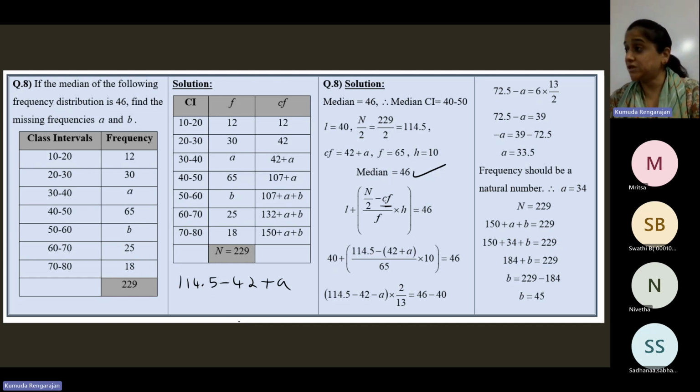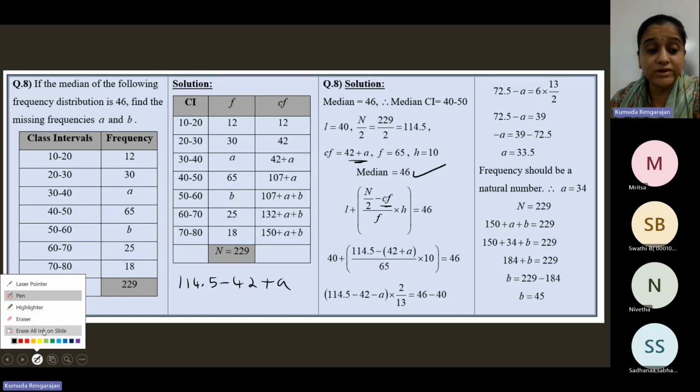But CF is an expression, 42 plus A. After the minus sign, if you're writing only one term, you don't have to put a bracket. But if you're writing an expression, you should always write it in a bracket. So it is N by 2 minus CF. Now, what's the value of CF? 42 plus A. It's an expression. Put it in a bracket.